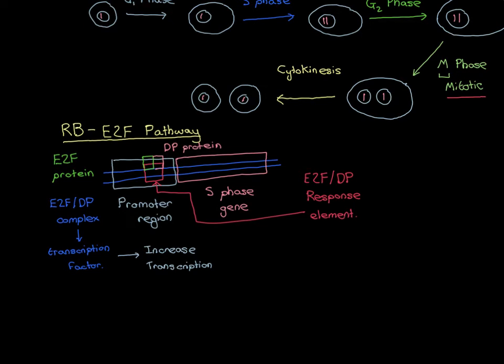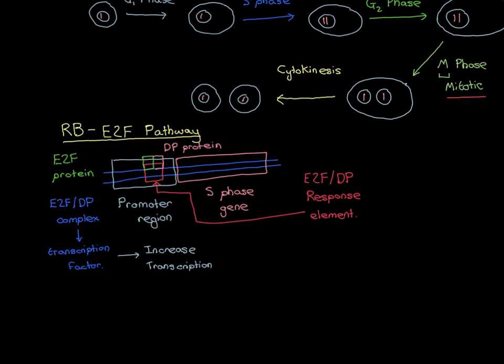So that means that this cannot be the end of the story. Usually these E2F DP complexes are not functioning, they're not promoting the expression of the S-phase gene downstream of the promoter region, because they are inhibited by another protein that's bound on top of them called the retinoblastoma protein.